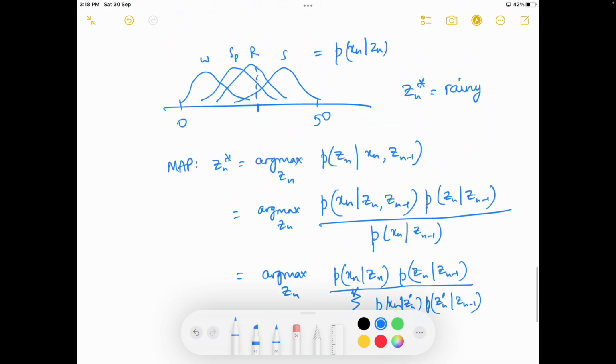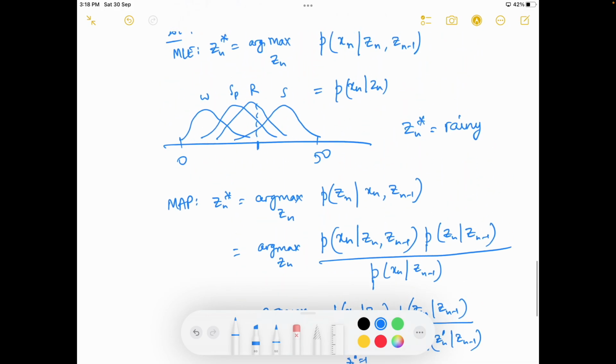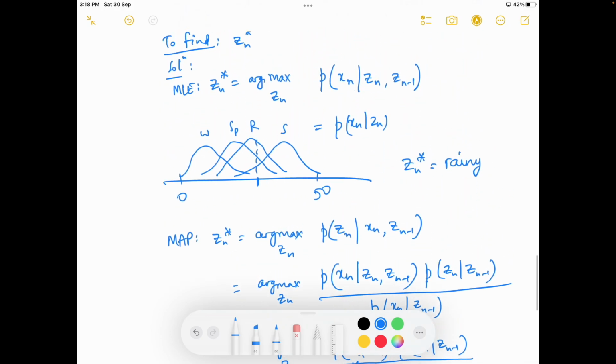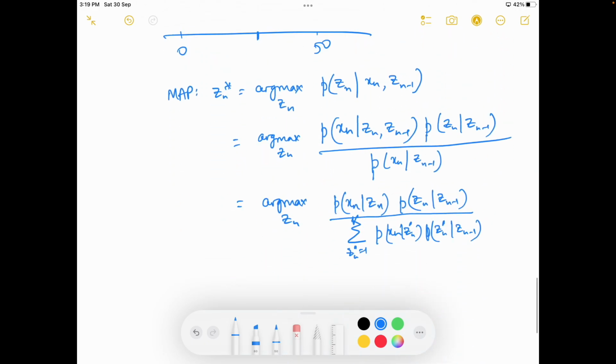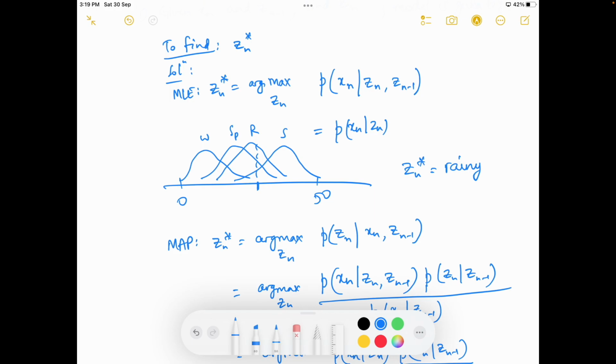So if I tell you yesterday was summers and today the temperature is 35 degrees Celsius, now tell me what season it is today. What will you do? You take P of xn given Zn, which means this graph, and multiply it with P of Zn given Zn minus 1. Yesterday was summers.